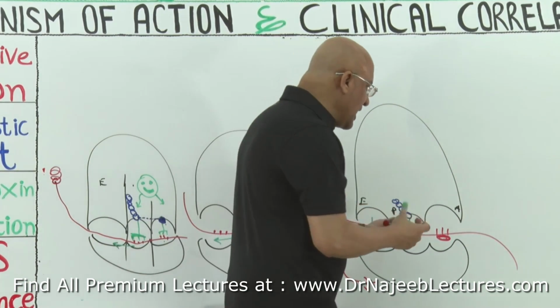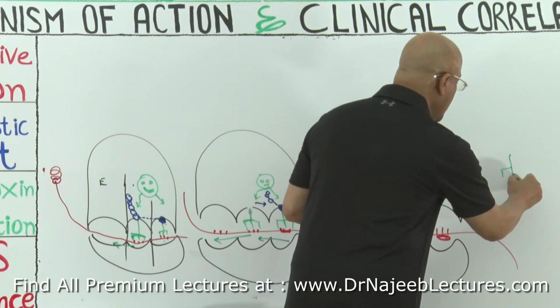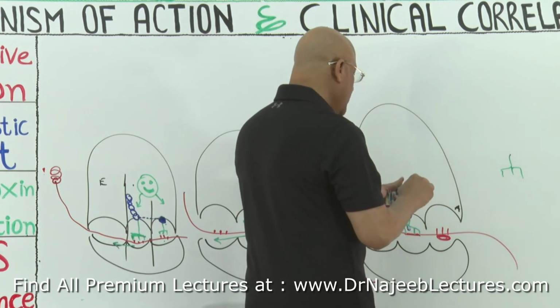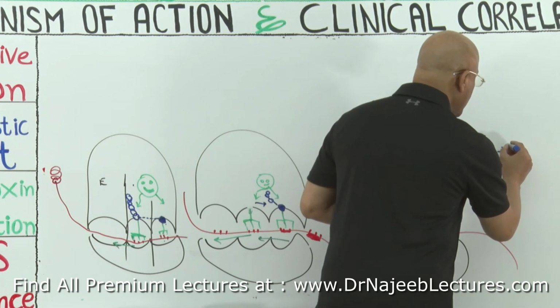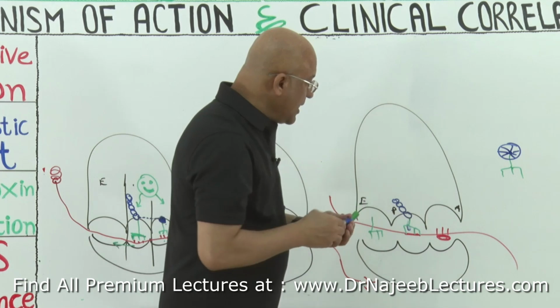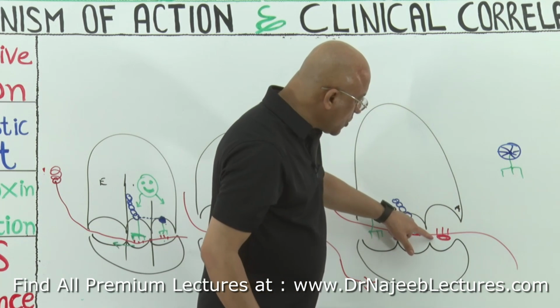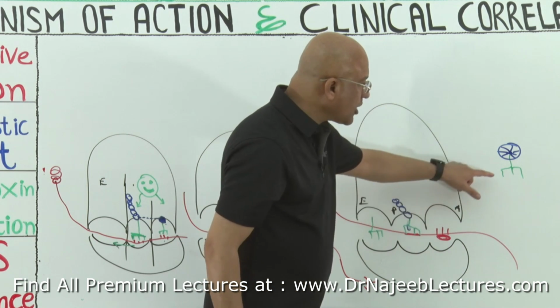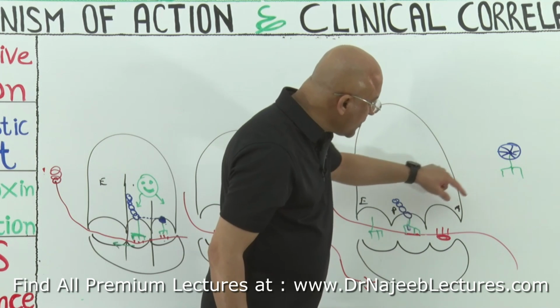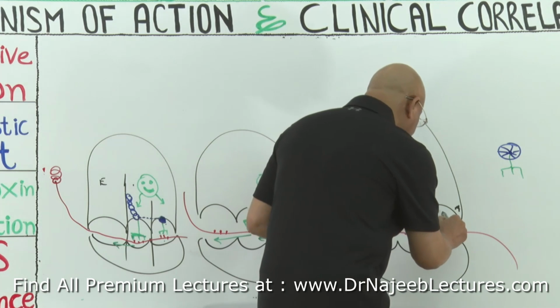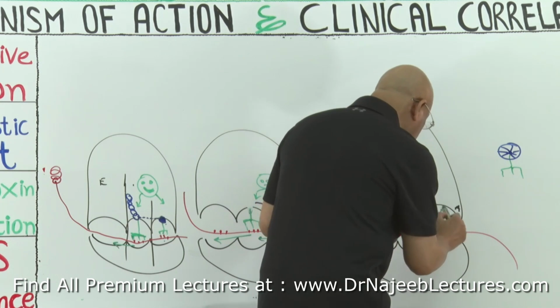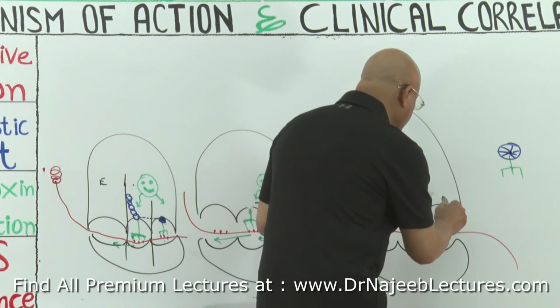Now a new transfer RNA must come with a new amino acid. So this is the new amino acid. If this codon and anticodon are complementary to each other, then this will sit over here and there will be arrival of the new transfer RNA, the aminoacyl transfer RNA.